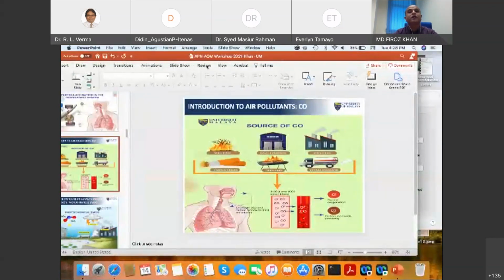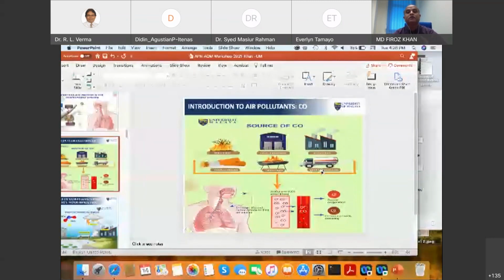For example, here carbon monoxide, and I have inserted a few infographics for you to easily find their contributing sources. And in all the contributing sources here, you have seen how CO is coming into the air. Do you know the similarity? It is simple to everybody that this is a combustion process.